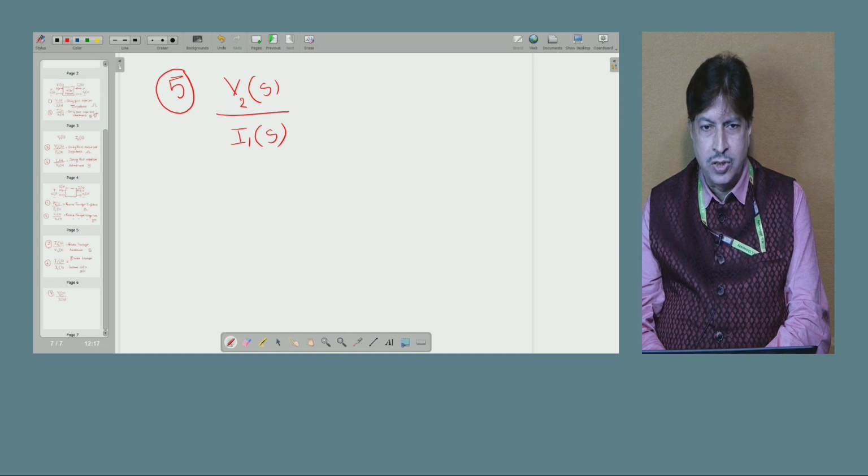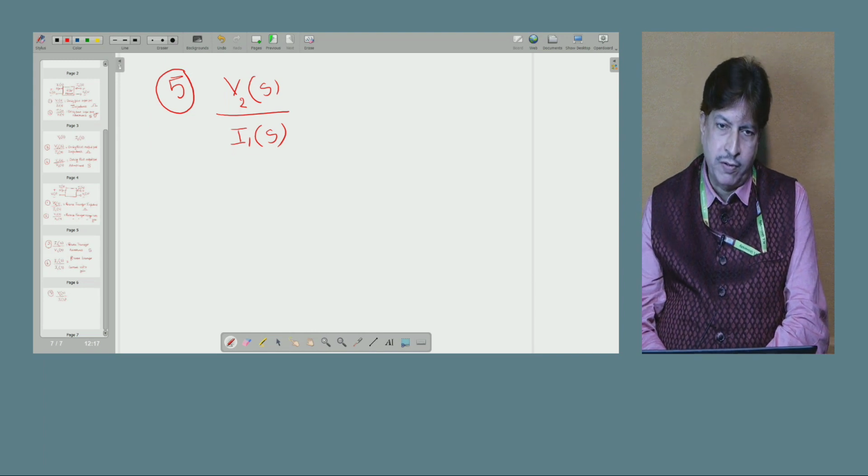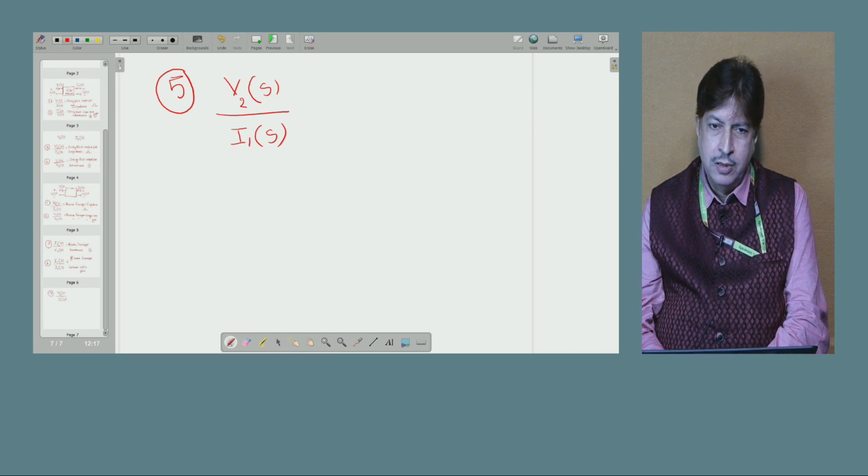So the first observation gives it is a transfer function. Whenever numerator belongs to output side, denominator belongs to input side, we call that transfer function a forward transfer function.